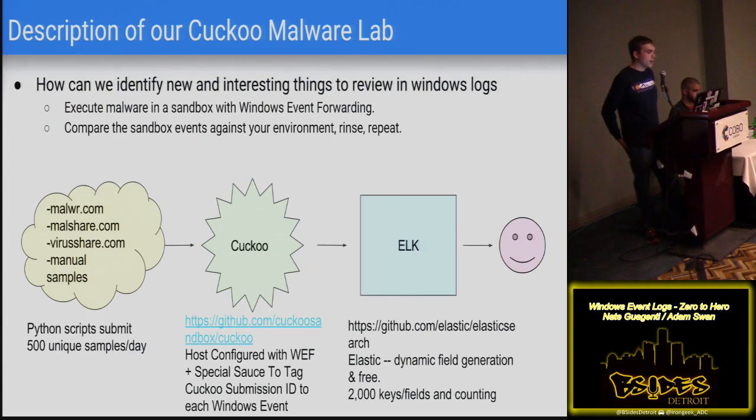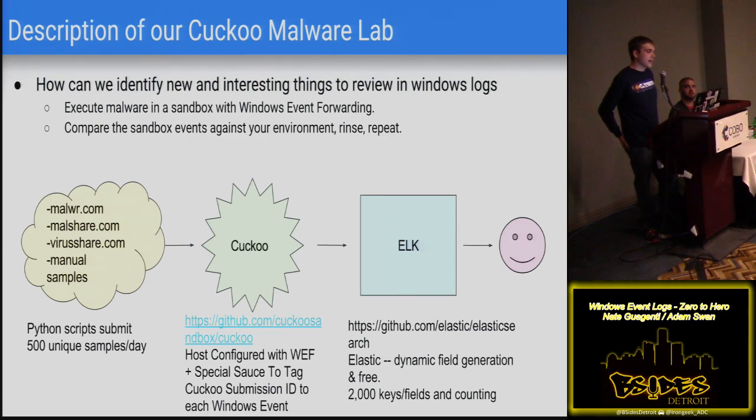And then within the agent there, we have Windows event forwarding. It's pretty good. What we do is when we see an interesting event, we have the submission ID for Cuckoo tagged in there. So it's just one click and you can start looking at that malware sample if it's interesting.